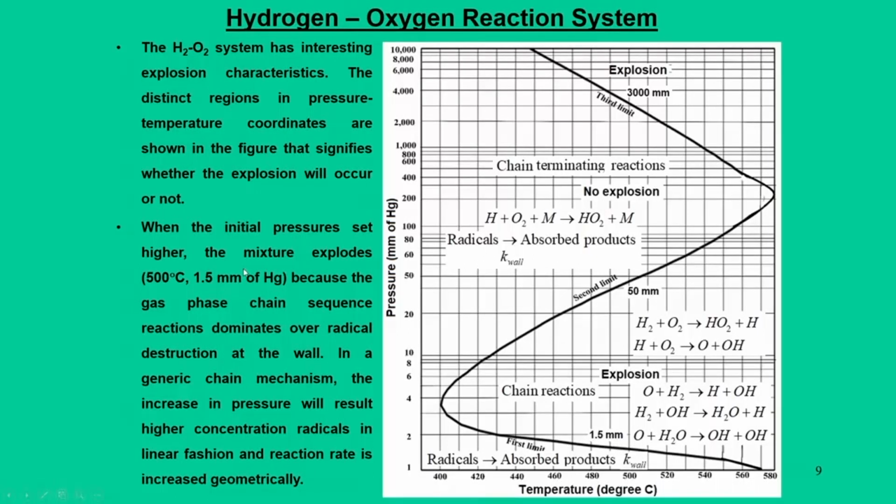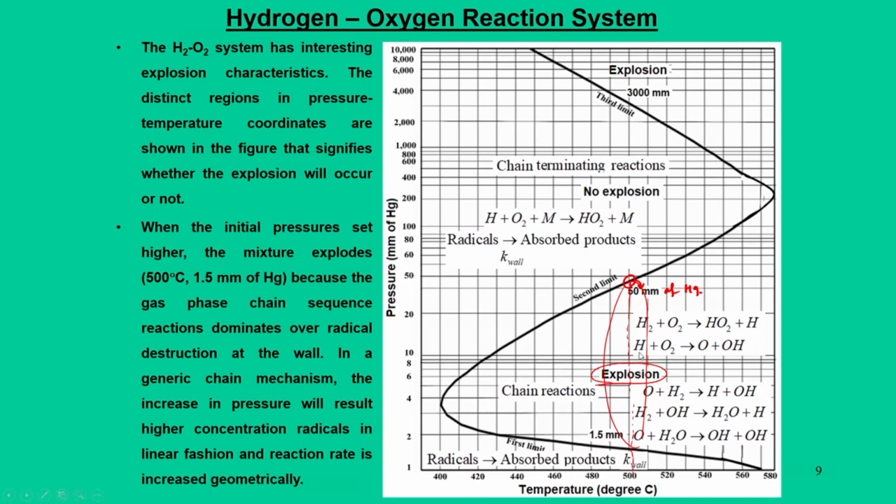Now, moving further in the same line, if you go vertically, we will find the second limit of the curve, and this refers to 50 mm of Hg. During this particular phase we can see that there is a big explosion. And why is there a big explosion?